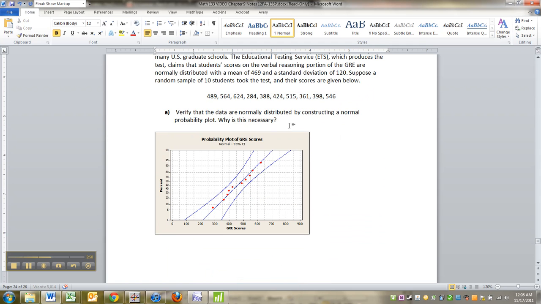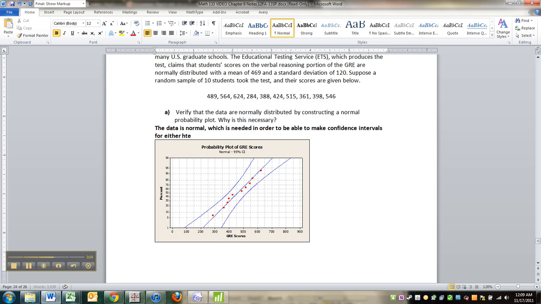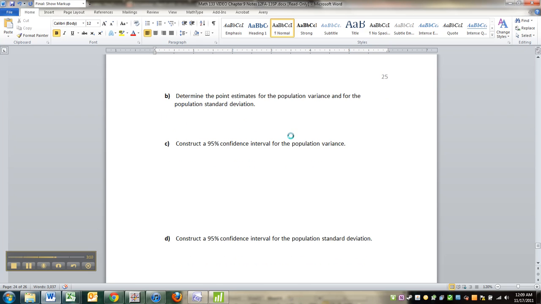So first of all, the data is normal, which is needed in order to be able to make confidence intervals for either the variance or standard deviation. Got it? All right, then determine the point estimate for the population variance and for the population standard deviation.